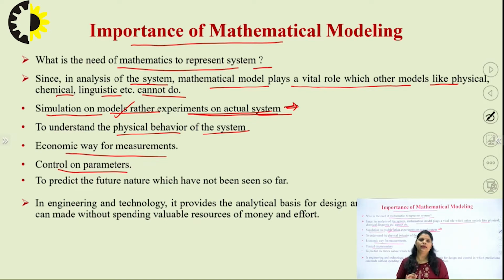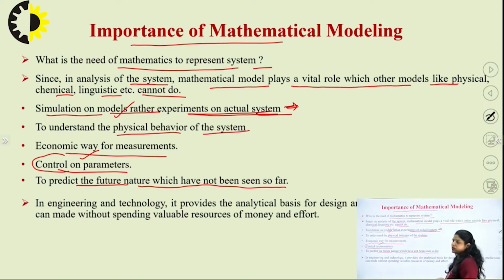Because we are relating the parameters, we can see the impact of these parameters on each other, and if one parameter is affecting another parameter in a negative way, then we can control it. We can also predict the future nature which has not been seen so far.